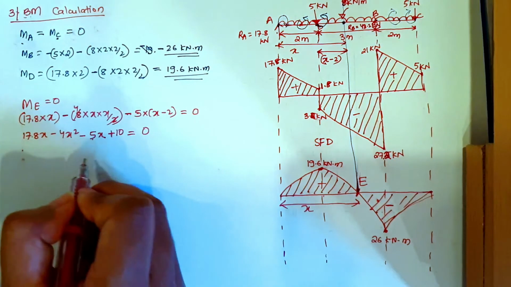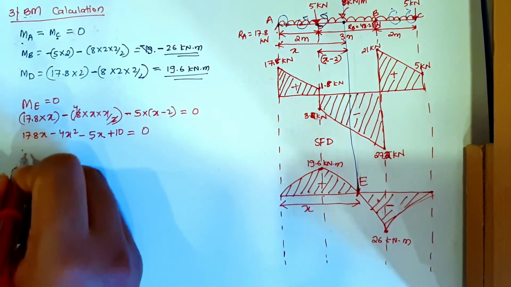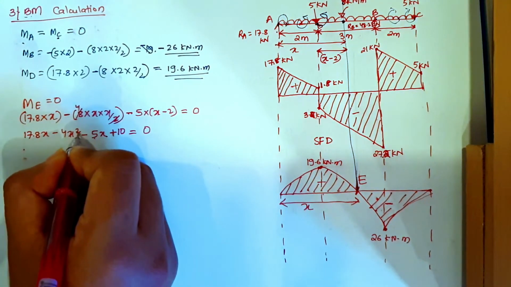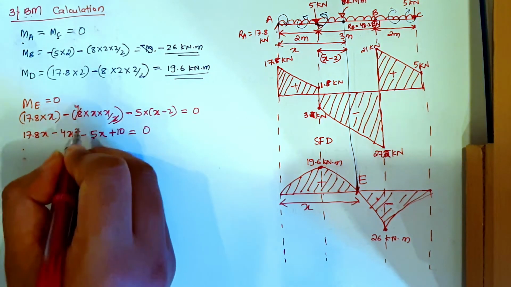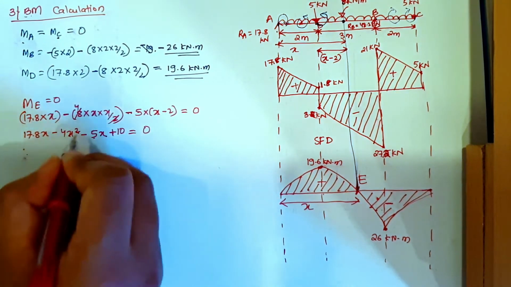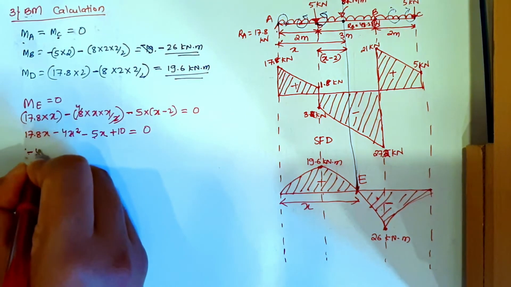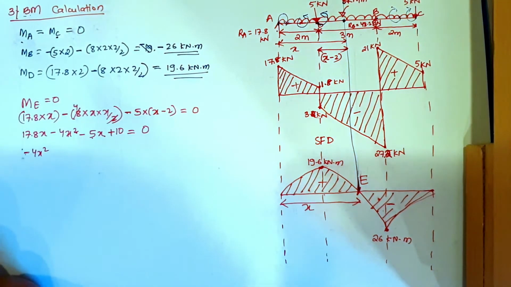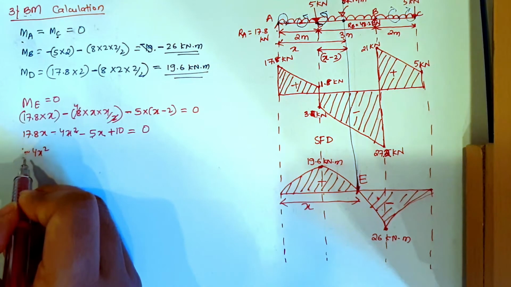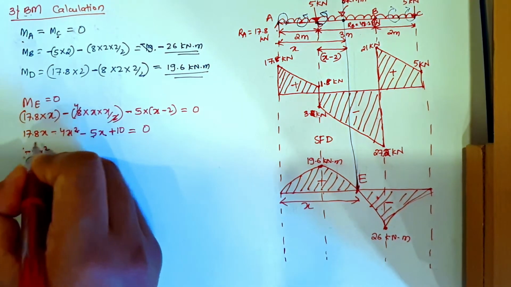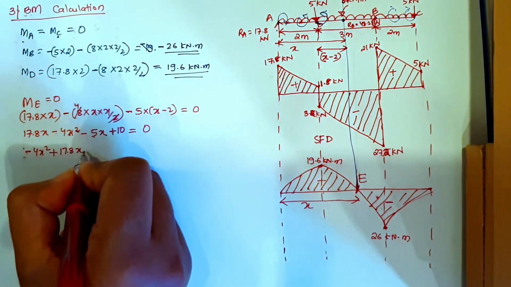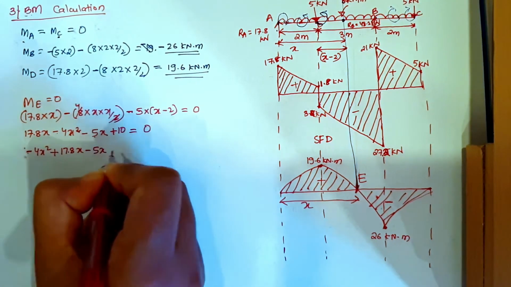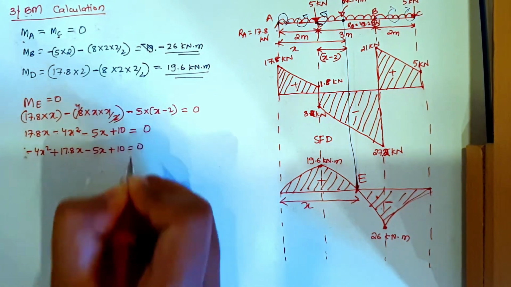Now bring all the like terms together. अभी यहाँ पर x का square के form से I'll rearrange this equation. So highest square I'll keep out. So यहाँ पर I have minus 4x square, I'm bringing it out along with its sign, right? So next I have plus 17.8x minus 5x plus 10 equals to 0.